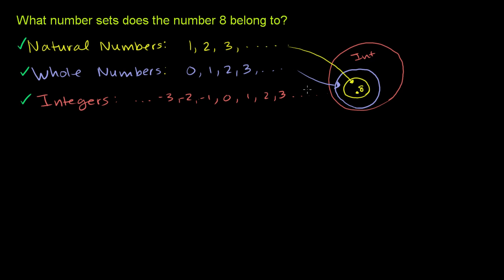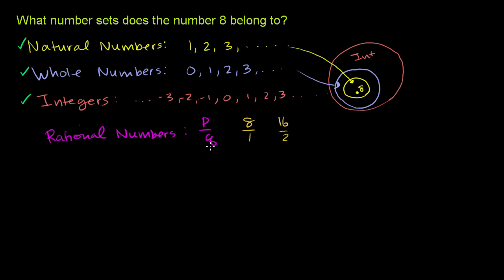Now let's keep expanding things. Let's talk about rational numbers. These are numbers that can be expressed in the form p over q, where both p and q are integers. So can 8 be expressed this way? Well, you can express 8 as 8 over 1, or actually 16 over 2, or you could just keep going, 32 over 4.